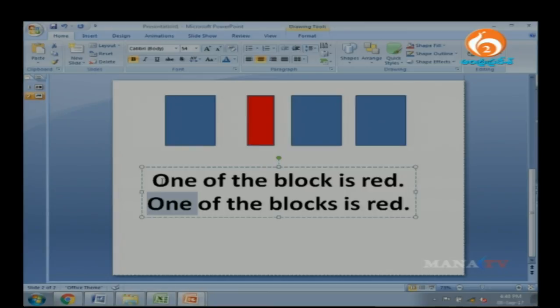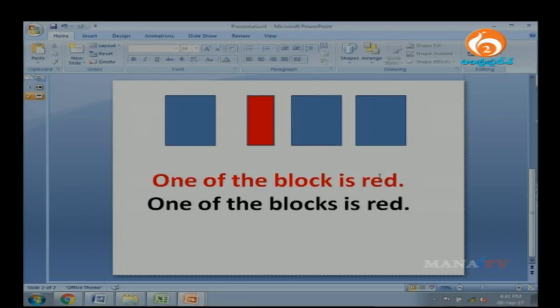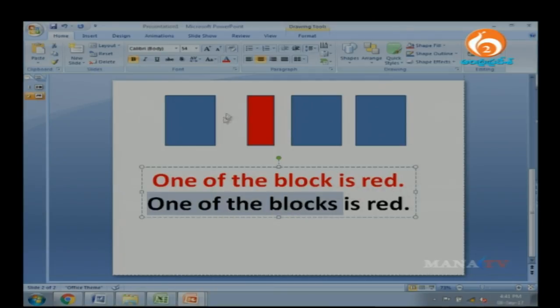So if you say "one of the block" it means there is only one block, which means you can say "the block is red", isn't it? So grammatically this particular statement is incorrect. The correct statement is "one of the blocks", which means 1, 2, 3, 4. One of all the blocks is red.